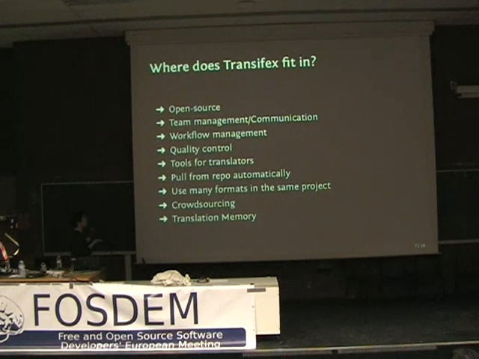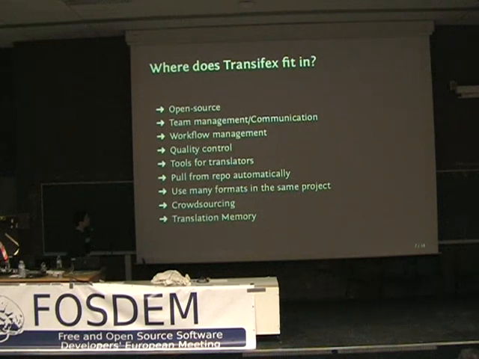It offers features for quality control, like reviews. You can review strings and have only the reviewed ones accepted. It also provides tools for translators, like an online web editor to edit translations. It can also pull from your repo automatically, so you just set up Transifex, you point it to your repository, like in GitHub or whatever, and have Transifex pull your PO files automatically and update all those resources.